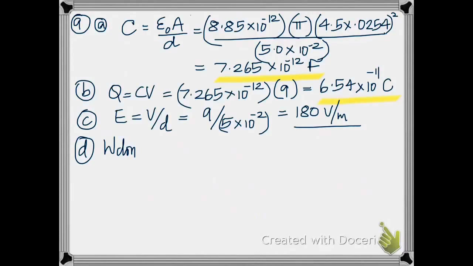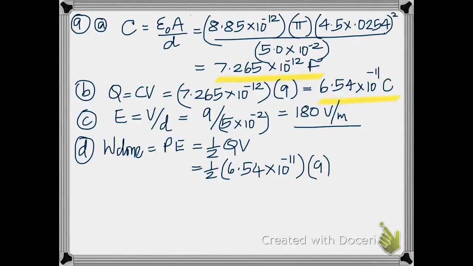And the D part says the work done by the battery to charge the plates. Work done is actually the potential energy of the capacitor, which is 1/2 Q times V in this case. So you have the charge and you have the voltage. You get 2.94 times 10 to the negative 10 joules.